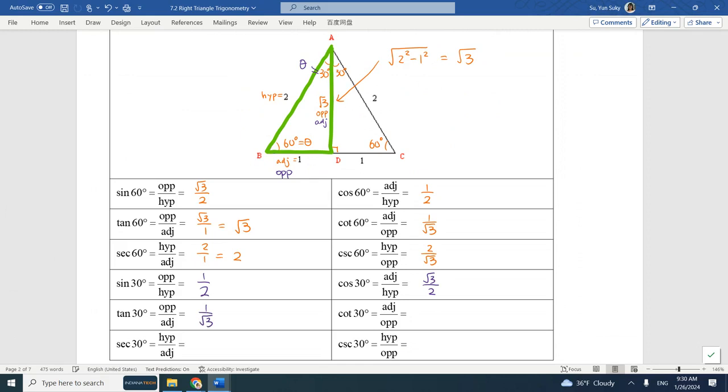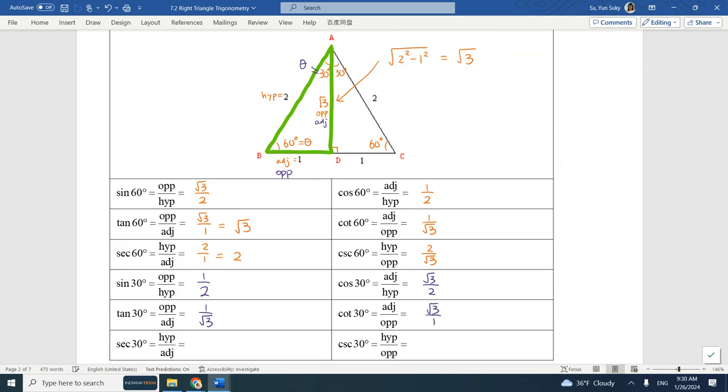So cotangent 30 degree. What's cotangent 30 degree? That's the reciprocal of tangent. Yes, square root of 3 over 1.